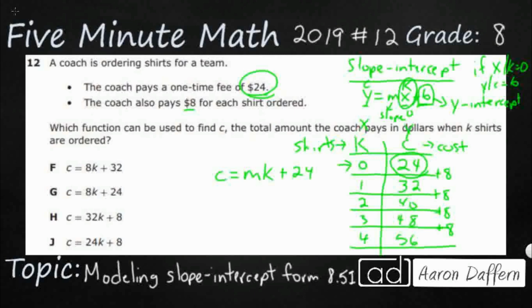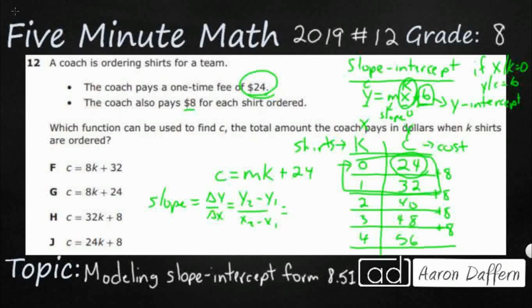So now we need to find the slope. The slope equals the change in y over the change in x, or we can do the change in C over the change in K. Let's take two different y values and two different x values and subtract them. So let's do these two right here.